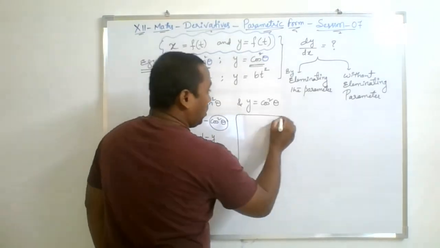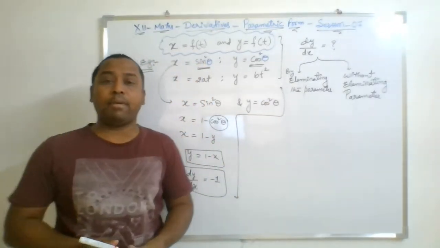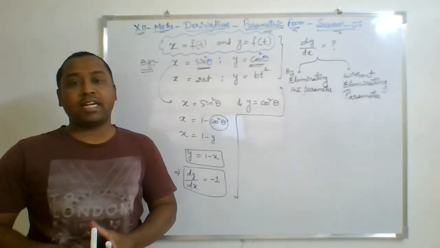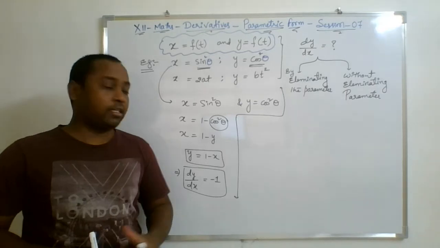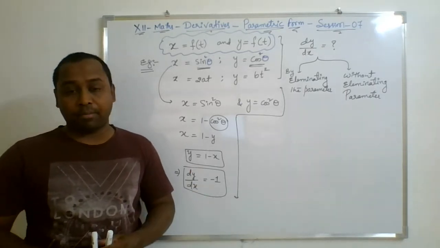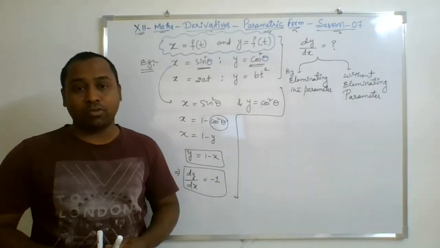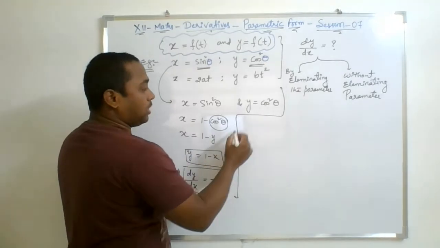Now, the question is, if the condition mentioned is without eliminating the parameter, find dy by dx. So, how can we get dy by dx without eliminating the parameter? That first we are going to understand in parallel. So, I am taking the same question here again.